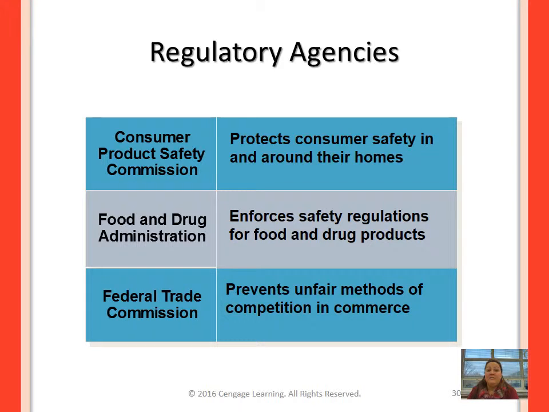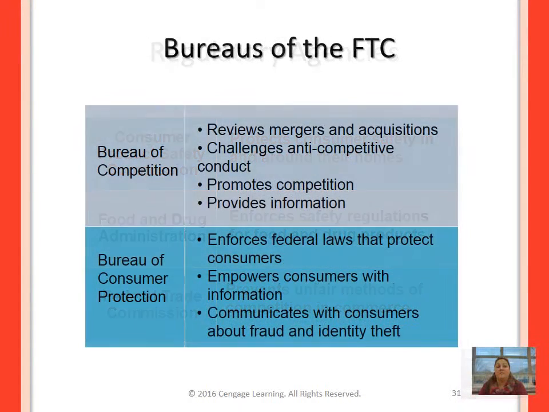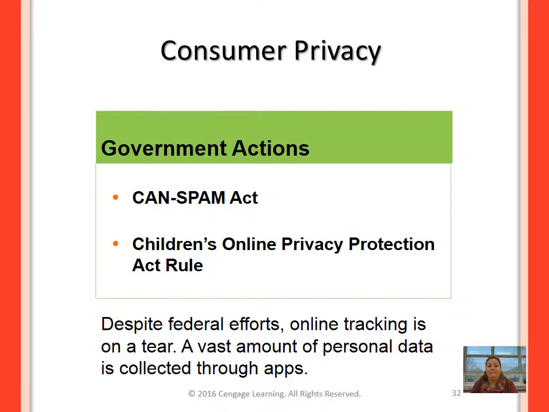The regulatory agencies shown on this slide are 3 federal agencies most directly and actively involved in marketing affairs: the Consumer Product Safety Commission, the Food and Drug Administration, and the Federal Trade Commission. The popularity of the internet for collecting consumer information has alarmed many consumers who like their privacy.